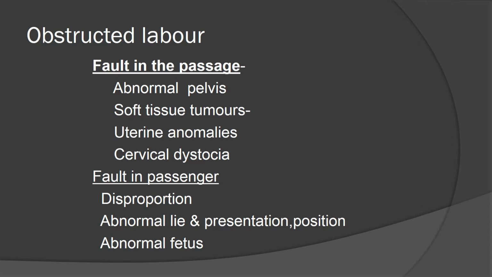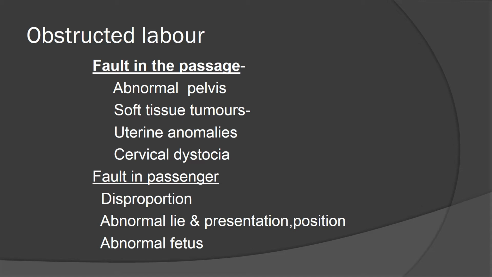In obstructed labor, the uterine force is normal or adequate, but there can be a fault in the passage, where the bony pelvic canal may be abnormal in size and shape and not adequate for the passage of the fetus, or there can be mechanical obstruction by some soft tissue tumors like a fibroid uterus occupying the lower segment of the uterus, or an ovarian tumor occupying the pouch of Douglas, hence occupying the space in the pelvis.